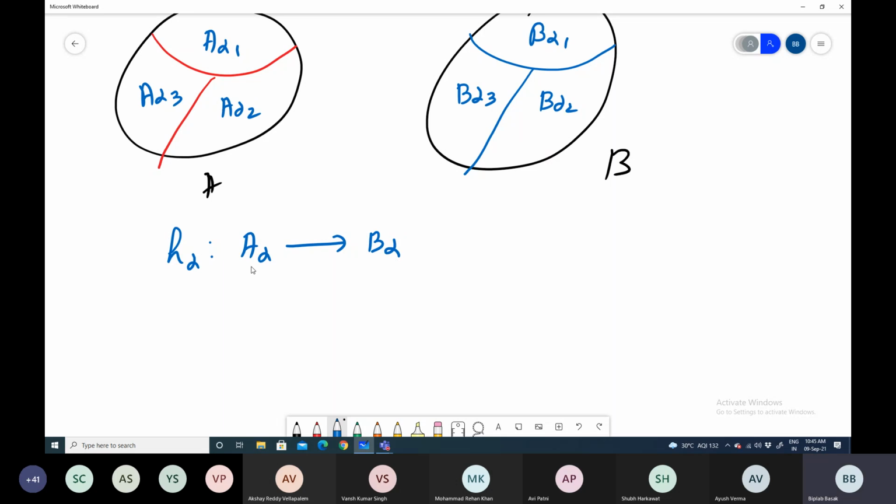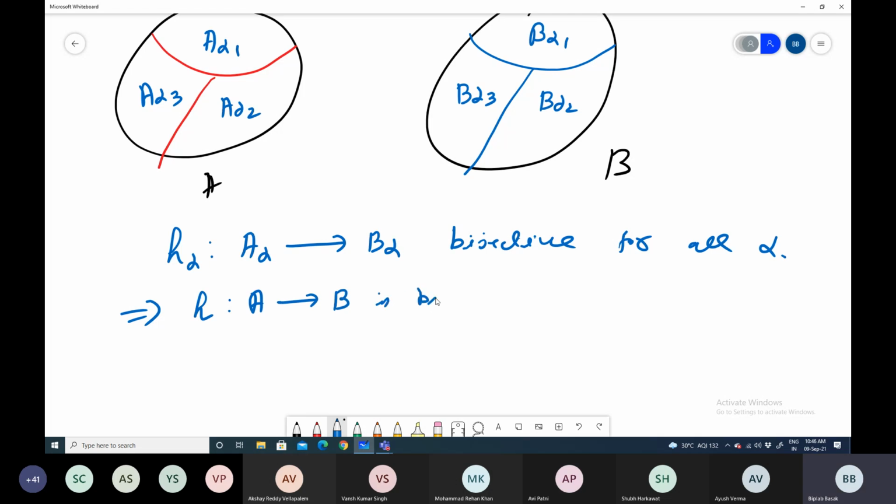Okay, so for each partition we define this map, and then we can define a map H to be bijective for all alpha, and that implies H from A to B is bijective, where H you can just take the union of H alpha.